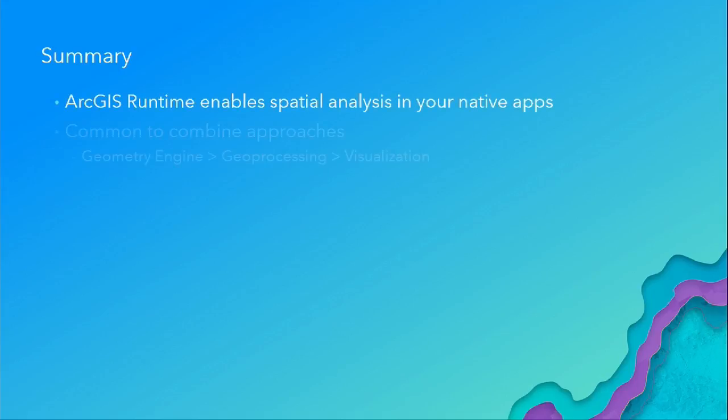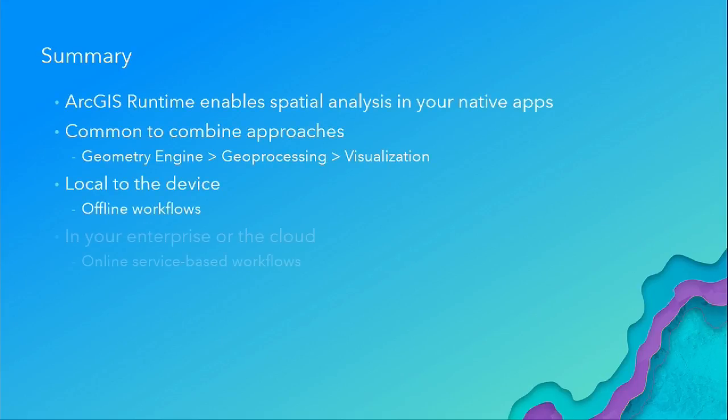in terms of analysis. So actually the first thing that I thought was interesting, this is the slide that we presented last year for, actually sorry, this is the summary slide, it's the next one. So the ArcGIS Runtime provides a variety of different ways to enable analysis in your application. One thing that we've tried to show during this as well is that it's common to combine these different workflows.